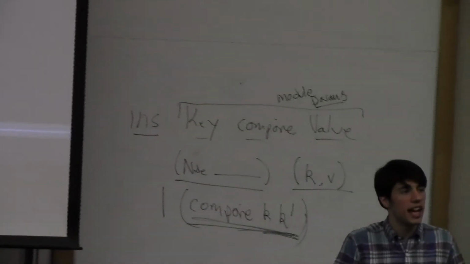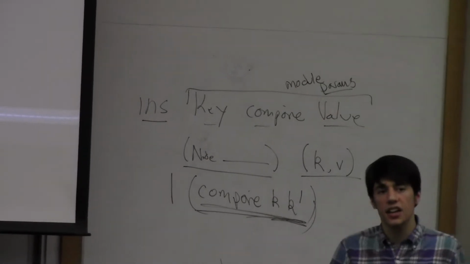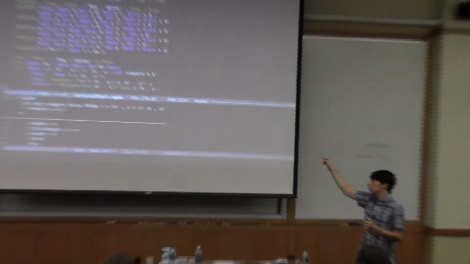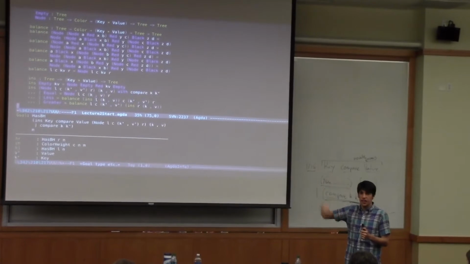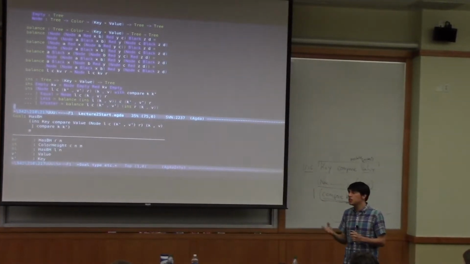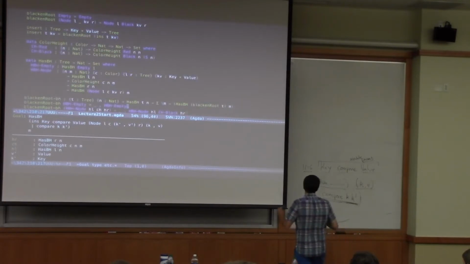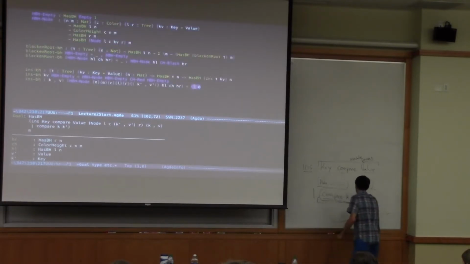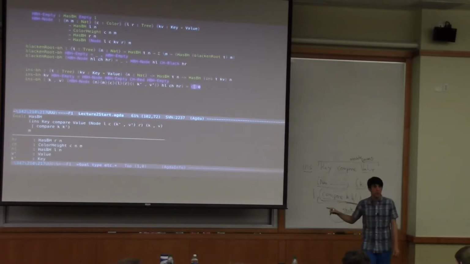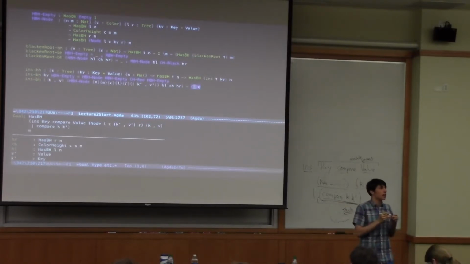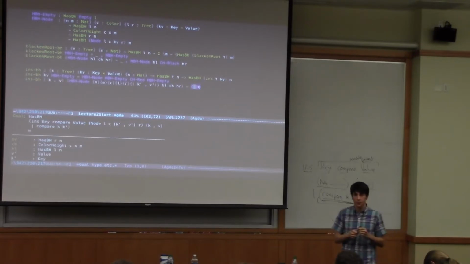And operationally what happens is ins waits for compare k k prime to reduce to one of equal, less, and greater, and then computes. So what we have down in the goal is a case of ins where this is stuck, because we don't know how the comparison shakes out, right? We don't know whether k is less than k prime or k is greater than k prime. And so ins is also stuck.